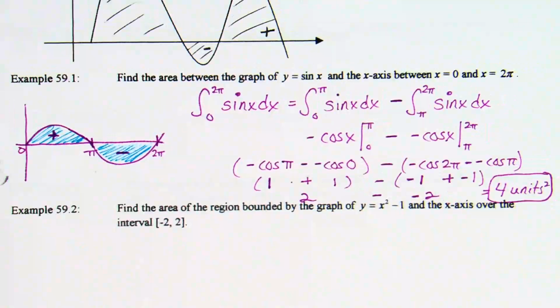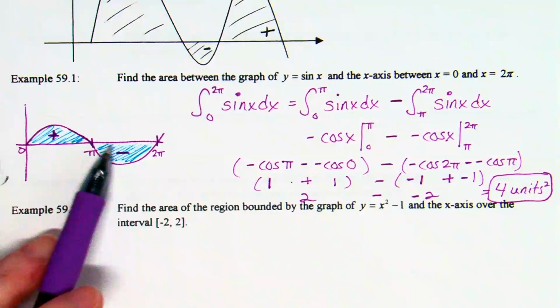So area above the x-axis minus any areas below the x-axis. There's a different way we could have done this, based on the fact that these are symmetric pieces.